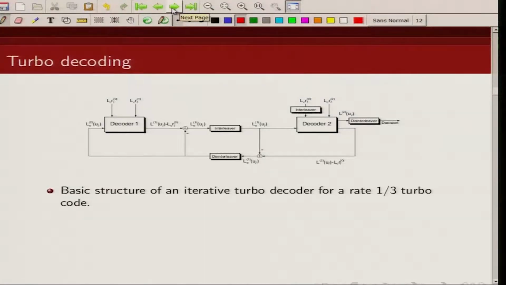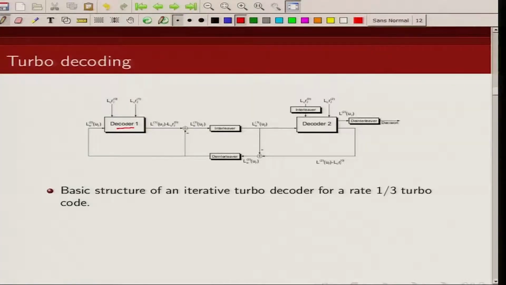So, again we will go back to this decoder diagram that we have shown you before. I am reproducing the decoder for the rate 1/3 turbo code. This is my decoder 1 corresponding to encoder 1, this is my decoder 2.